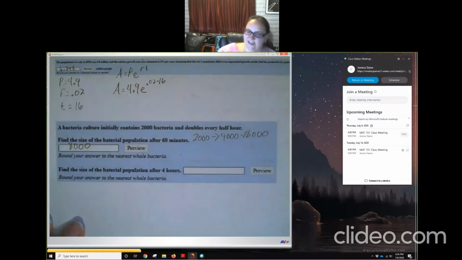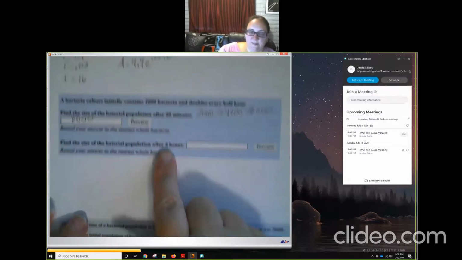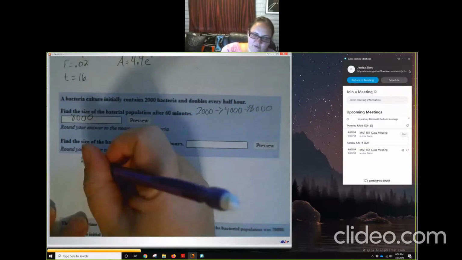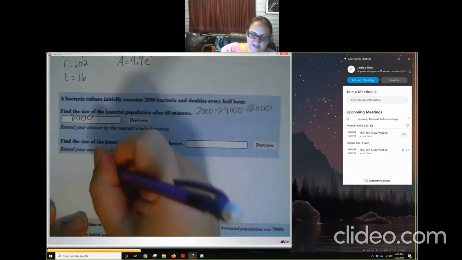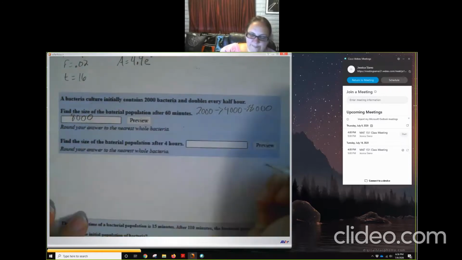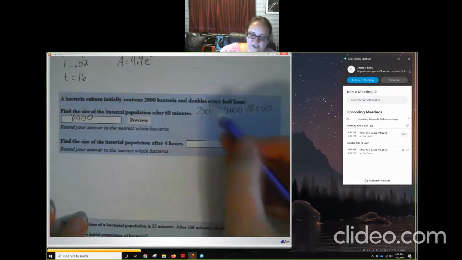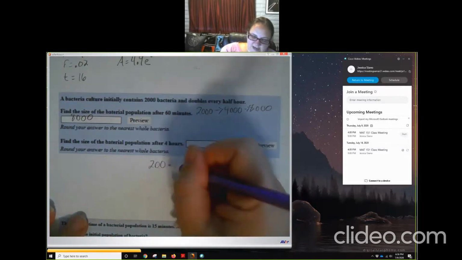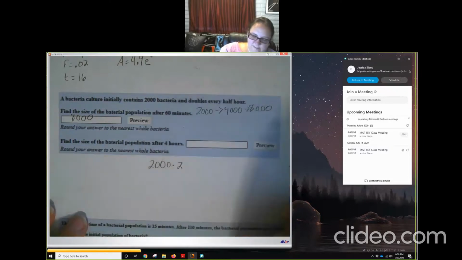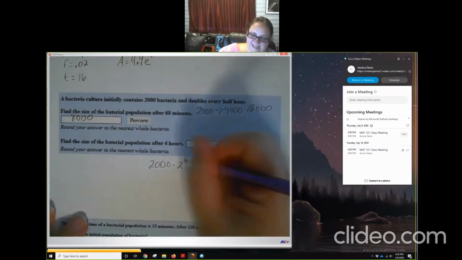Now, that would obviously get a little more annoying for 4 hours. So if you have a bacteria like this that doubles, then you can use the exponential formula that we learned last class and say that your base is 2. So this would be 2,000 times 2 to the t, where t is half an hour.